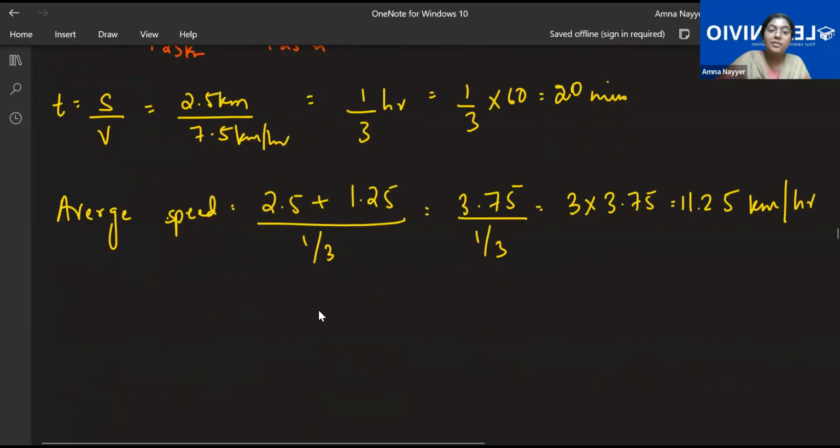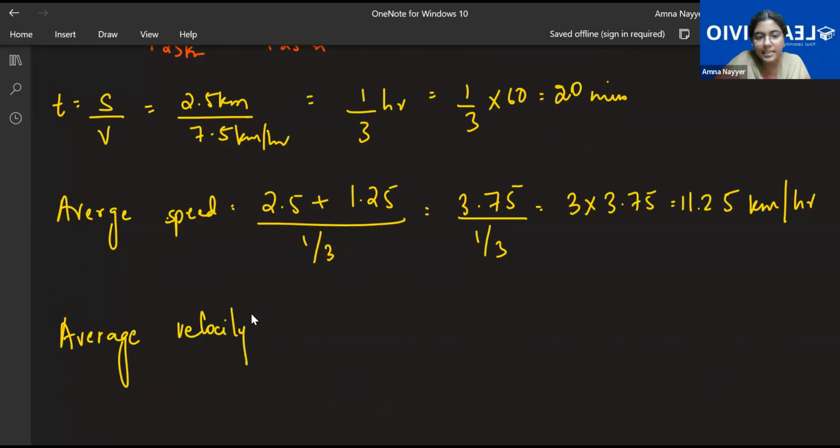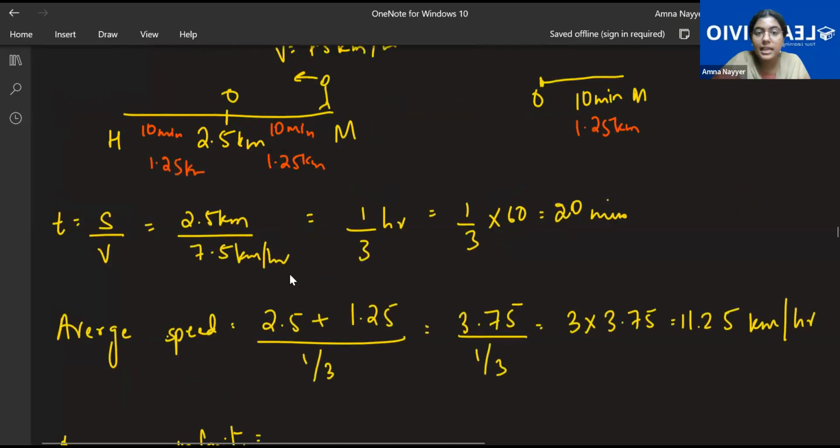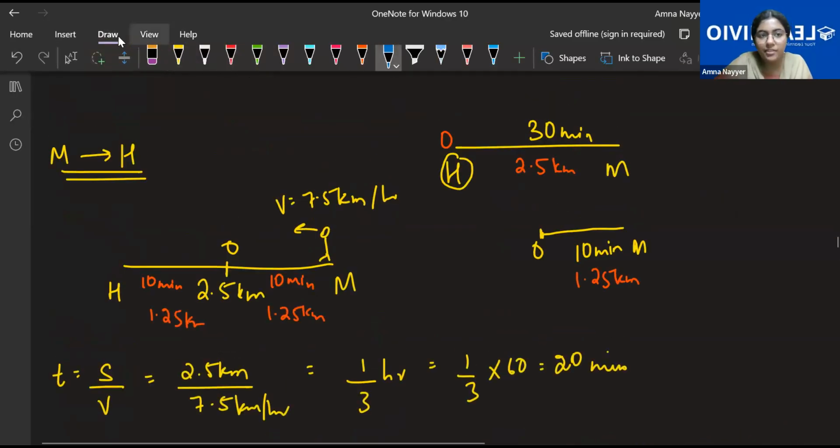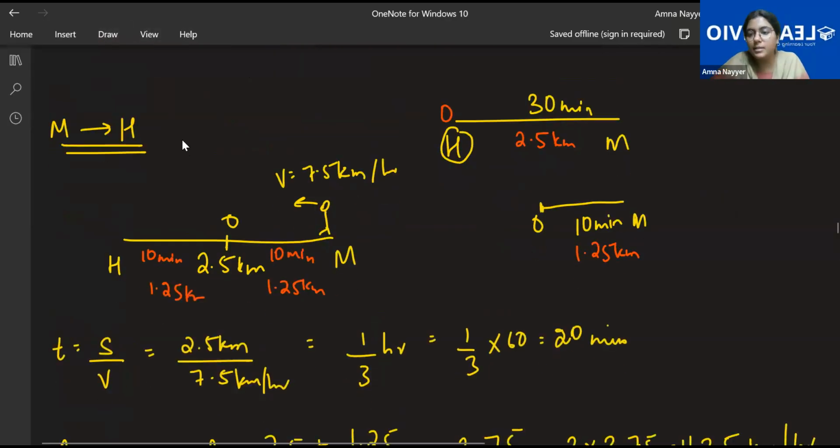Now let's come to average velocity. How is it different? If you remember in yesterday's class, we discussed that you just have to take the initial point and the final point, and that is the displacement. Distance means total distance that you have to take. Displacement means take the initial point.